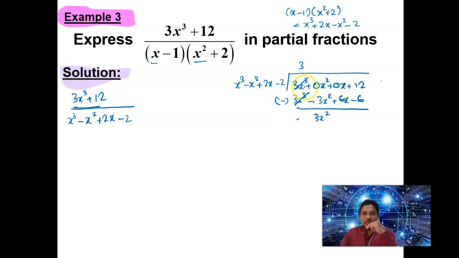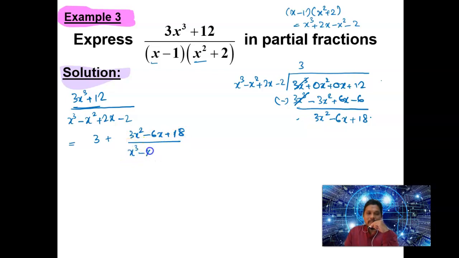Okay, 0 minus 6, negative 6x. 12, negative times negative equal to positive. So 12 plus 6 equal to 18. Okay, so this one here now equal to 3 plus 3x squared minus 6x plus 18 divided by x cubed minus x squared plus 2x minus 2.